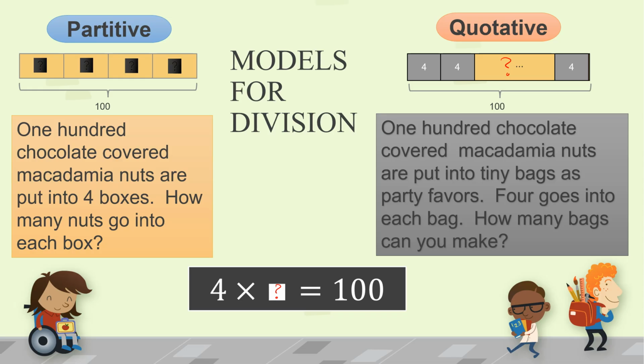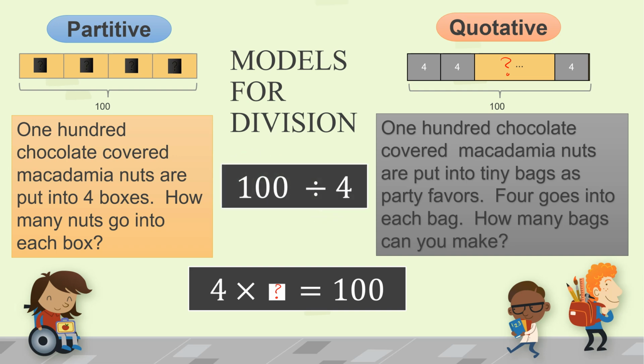Here you're looking for that missing factor, 25. If you really have to know the answer, 25 is the answer. Therefore, it is a division problem: 100 divided by 4 is 25. Now, we're not talking about the answer. We're talking about what division means as an operation: looking for the missing factor.